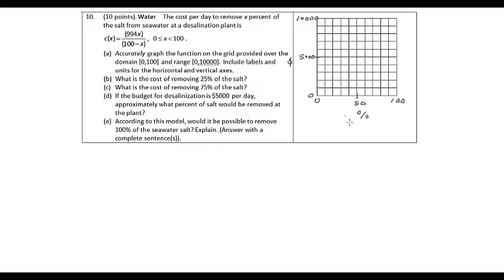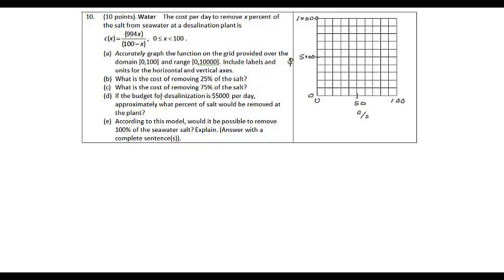We include labels, so I've got labels here. What I would do on this problem is put this function onto my graphing calculator. Make sure you use parentheses. That's why they're indicated here.